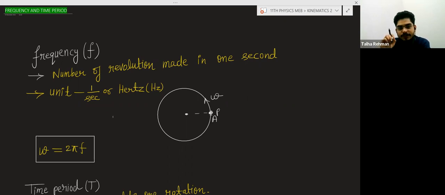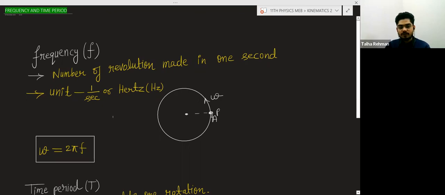Frequency is basically the number of revolutions made by this particle in 1 second. Suppose this particle made 2 revolutions in 1 second, then frequency will be 2. Suppose this particle made 3 revolutions in 1 second, so frequency will be 3.